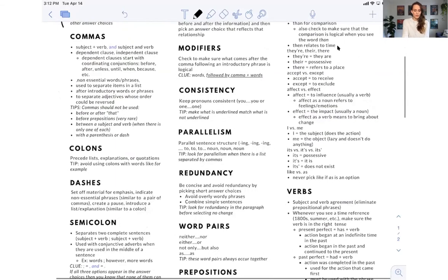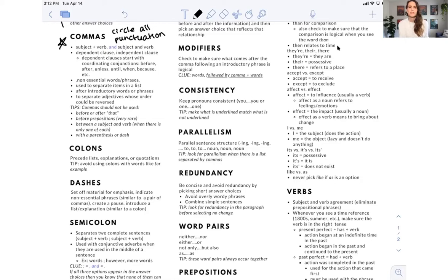Commas. So a lot of time you will be able to notice that it's a comma question if all the words in each answer choice are the exact same, but the punctuation is different for each answer choice. When I see, oh, this is asking me about punctuation, it's not really testing me on subject-verb agreement or pronoun usage, I am going to circle all punctuation.